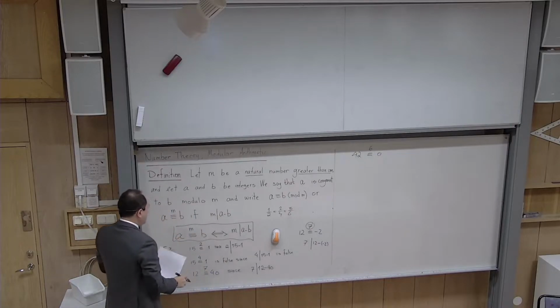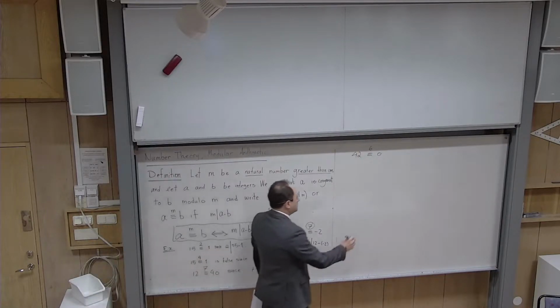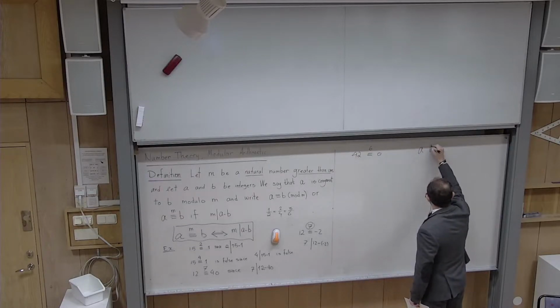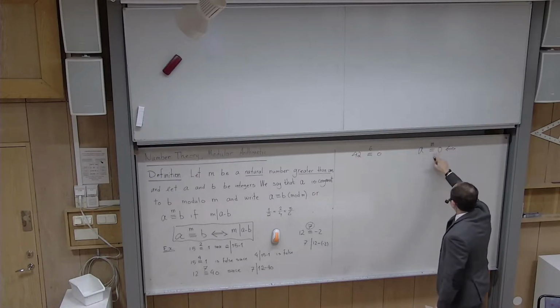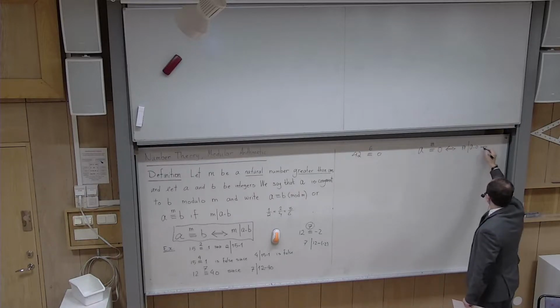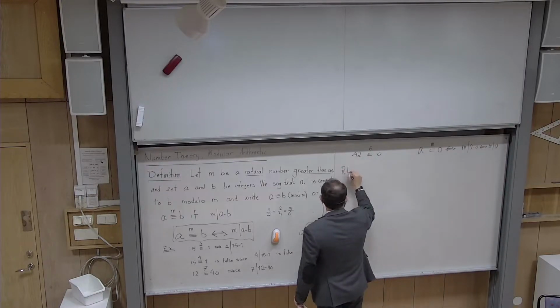Okay, one thing is, what happens if a is congruent to 0 modulo m? That is also good to know. I would say that a number a is congruent to 0 modulo m if and only if a minus 0 is divisible by m. But a minus 0 is nothing except a. This means m divides a. So that is a good remark. I will use it later, okay?